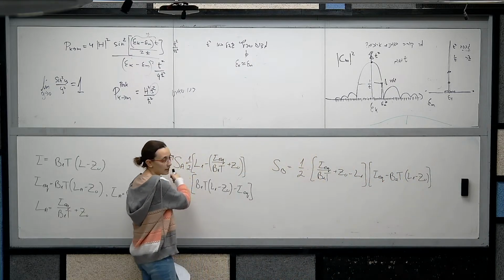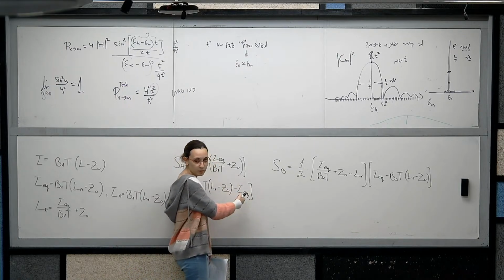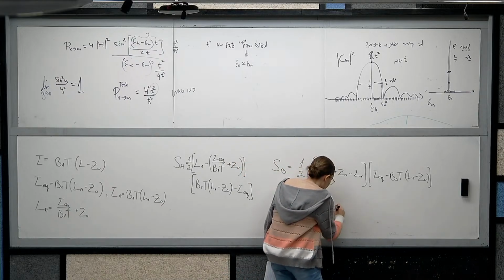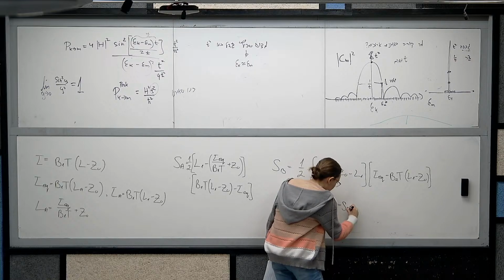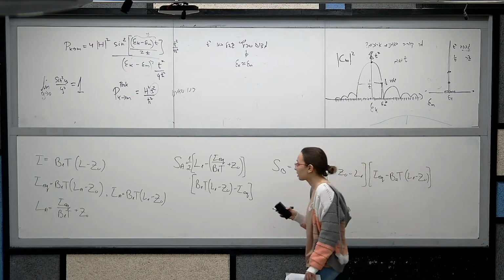To say, okay, SA needs to be equal to SB, and we want to find the tau equilibrium that satisfies this condition. So we want to take SA equals SB.